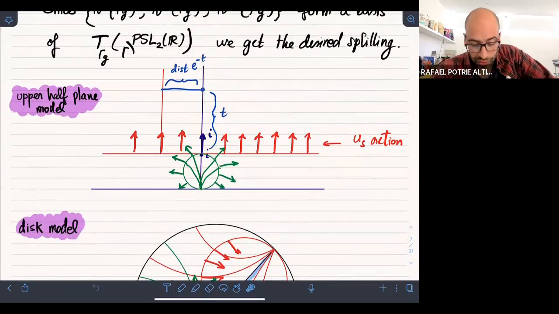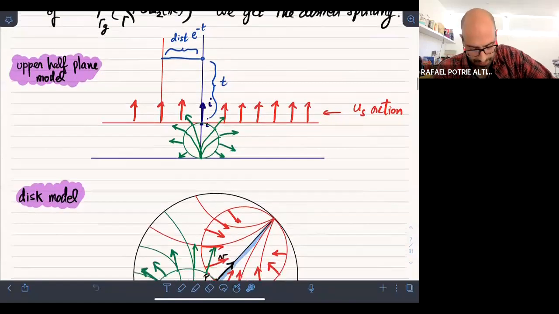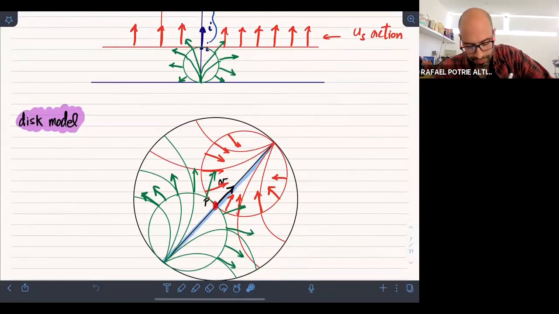This is the most convenient way, because your favorite point in this model is infinity, a point at the boundary. We will use the disk model when we want to fix our attention on a point inside the space. And these are drawings about how the flow lines behave.